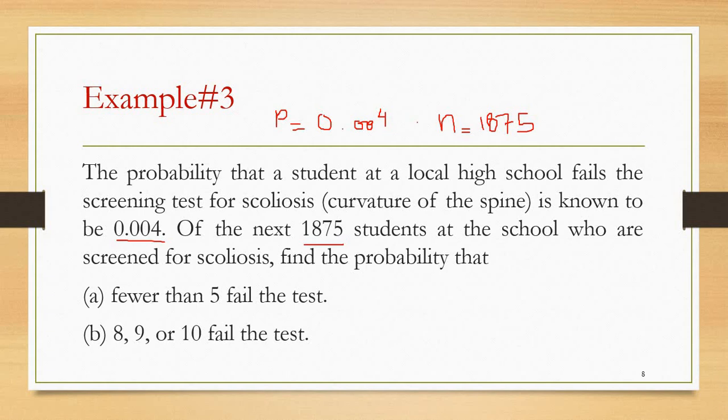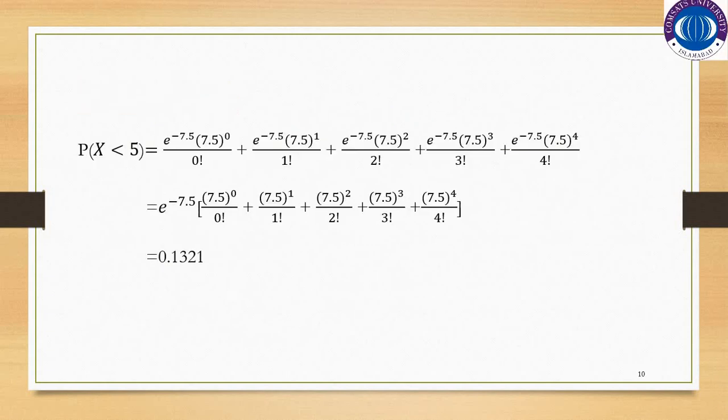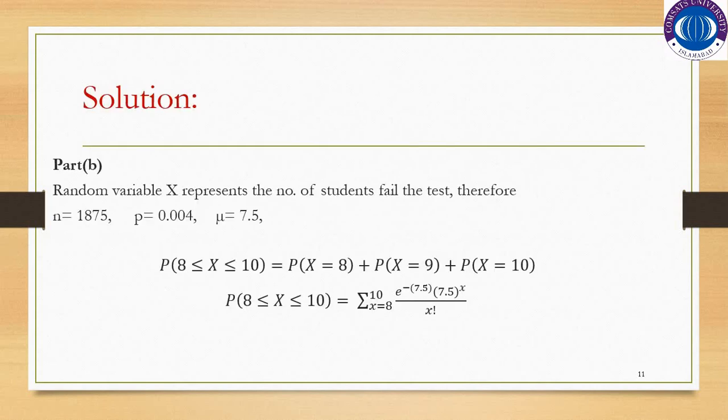Part number B. Find the probability that 8, 9 or 10 will fail the test. So, as you know that x is a random variable and it is the variable of our interest and it represents the number of students who fail the test. Therefore, mu is equal to 7.5 and they are asking that 8, 9 or 10 will fail the test.